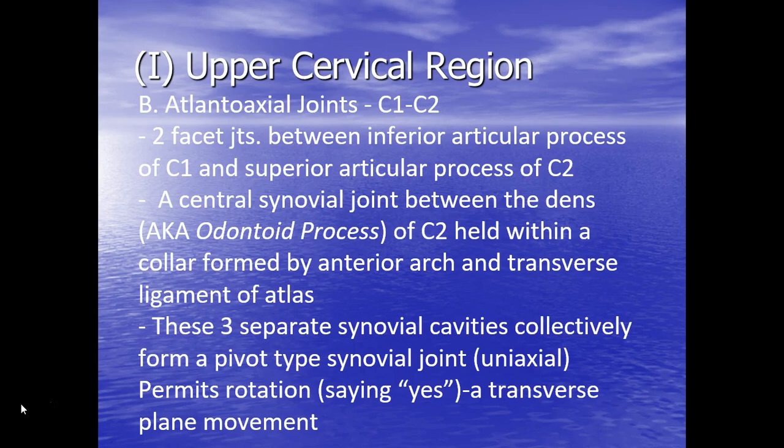It allows rotation motion, or a transverse plane movement. And this one joint, the C1-C2 joint, basically accounts for about half of the total range of rotation in the cervical spine.